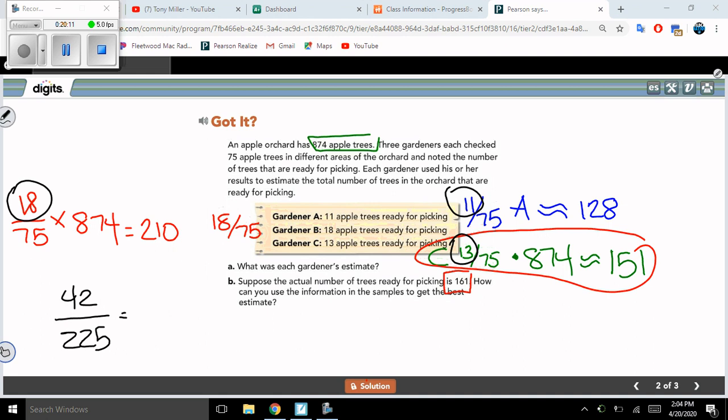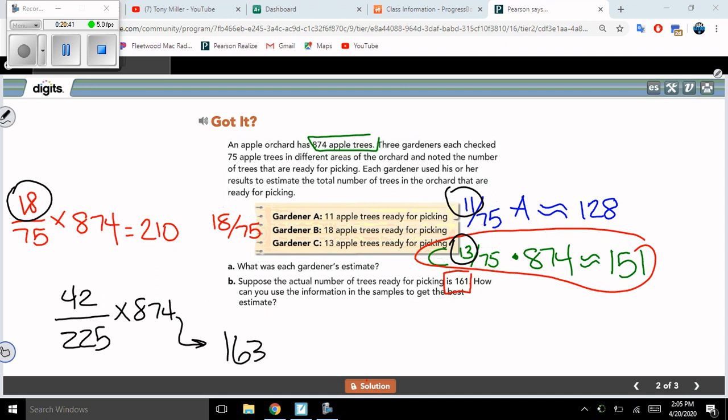So if I took 42/225 and multiplied that by my 874 trees, again, why are we doing this? We're getting a better estimate by combining these three people's estimates and therefore having a larger sample to choose from. So 42/225 times 874, and I get about 163 trees here.